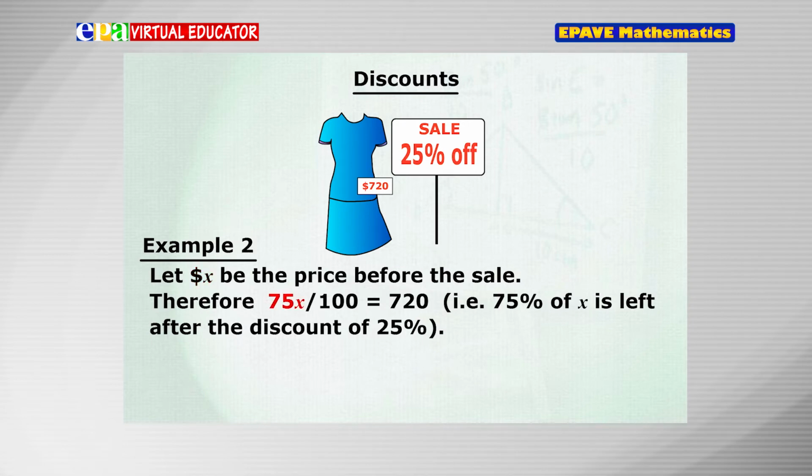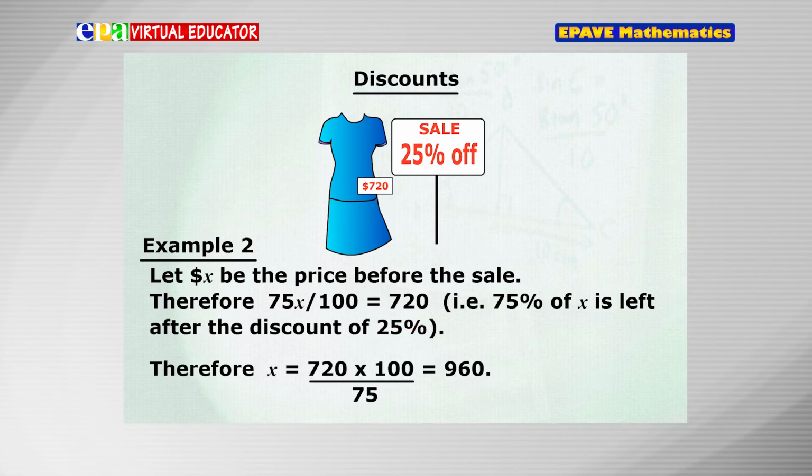Therefore, 75x divided by 100 is equal to 720. That is, 75% of x is left after the discount of 25%. Therefore, x is equal to 720 multiplied by 100 divided by 75, which is equal to $960, which is the price before the sale.